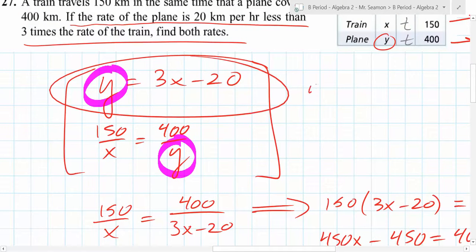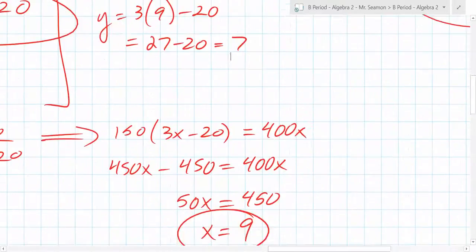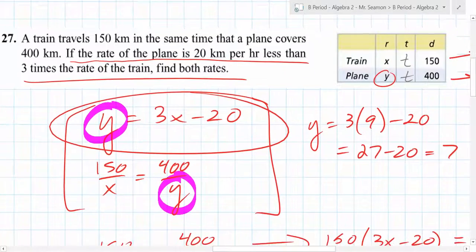What does y equal? 3 times x minus 20. What's 3 times 9? 27 minus 20 is 7. 9 and 7.